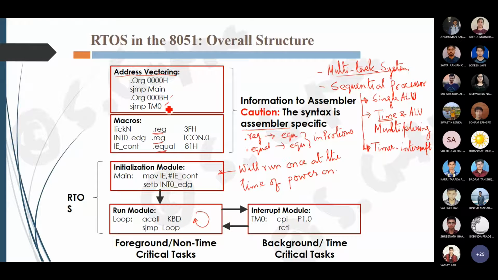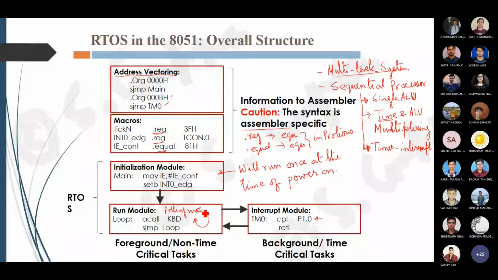And so we have divided into foreground or background or time-critical tasks. And then we are placing them either in polling mode or in interrupt-driven mode. So we call this polling mode.